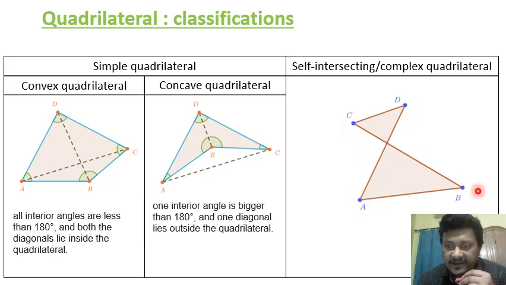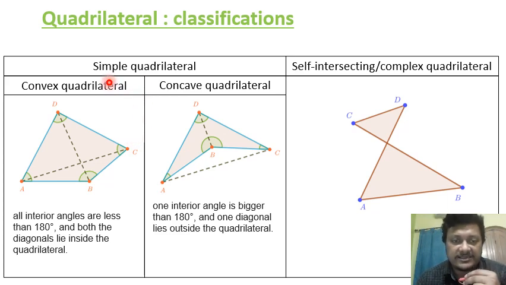Here AD and BC, which are non-adjacent sides, intersect at this point and thus form two closed areas. But in the case of a simple quadrilateral, there is only a single area enclosed by the four sides, because here the non-adjacent sides AD and BC, or AB and DC, do not intersect.